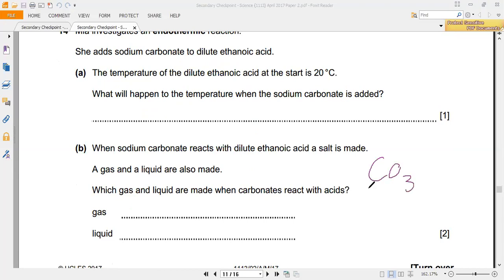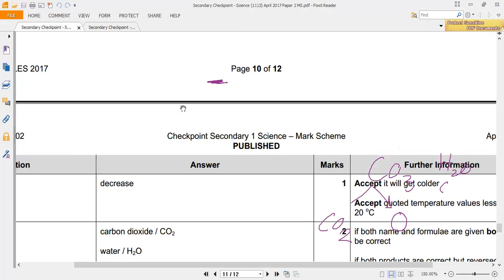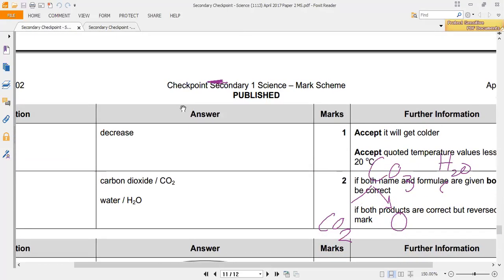It always gives you CO2 and there's a remaining O. This O always reacts with the H from the acid to give you H2O. So, carbon dioxide plus water.